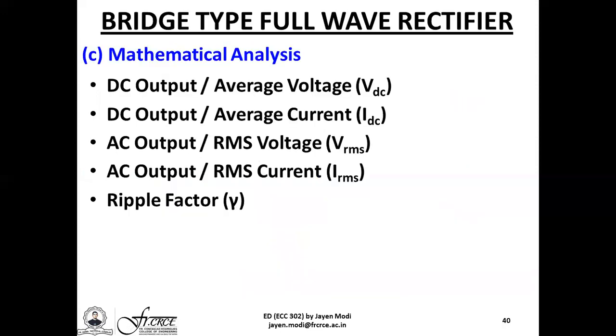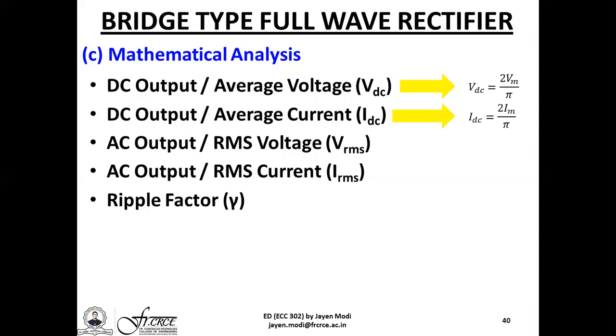So wrapping it all up, when we calculate the output or the average voltage VDC for a bridge type full wave rectifier circuit, we derive the equation as VDC is equal to twice Vm by pi. For the DC output or the average current IDC, we get IDC is equal to twice Im by pi.